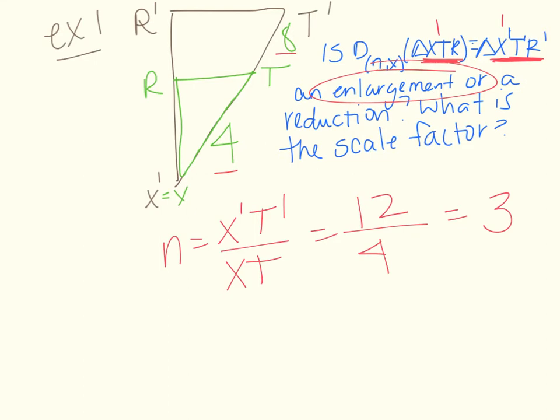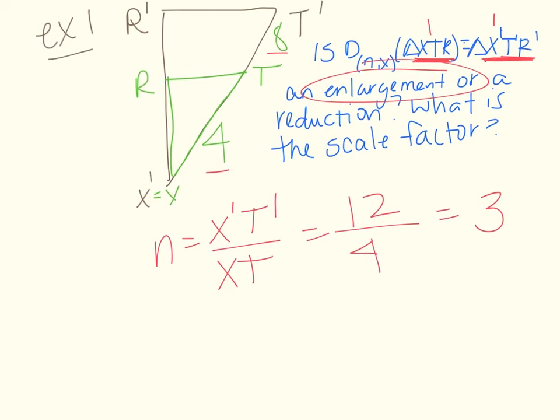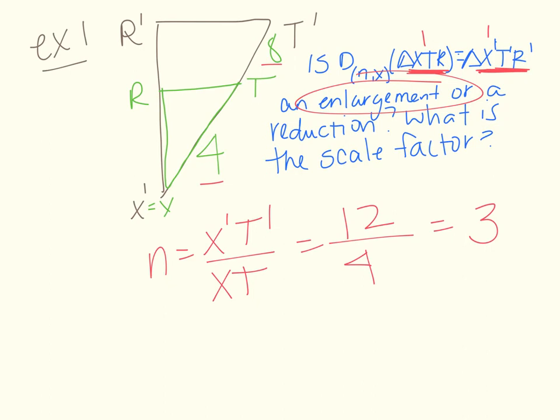When you do the image on top, if the image is smaller, you're going to end up getting a fraction as your final answer, which basically makes it a reduction. So always do the length of the image on top, because that is the only correct way to do it.